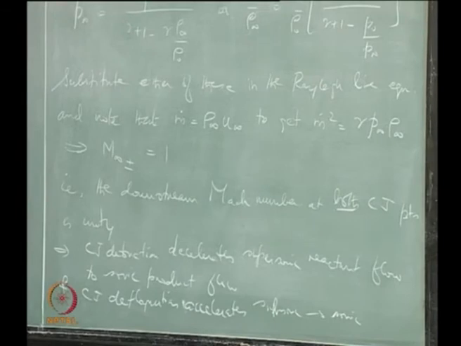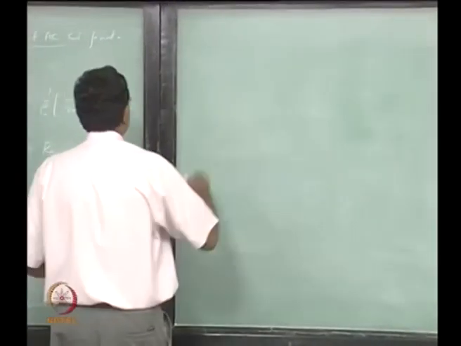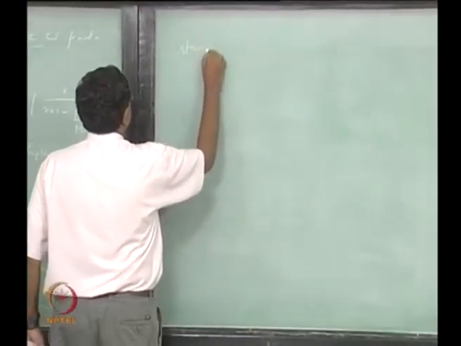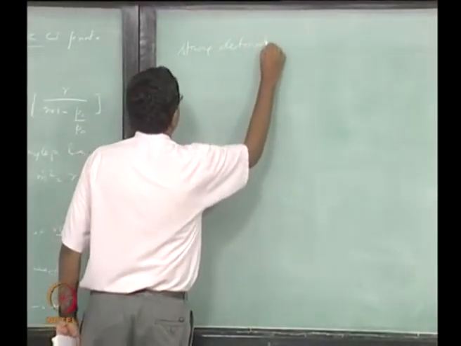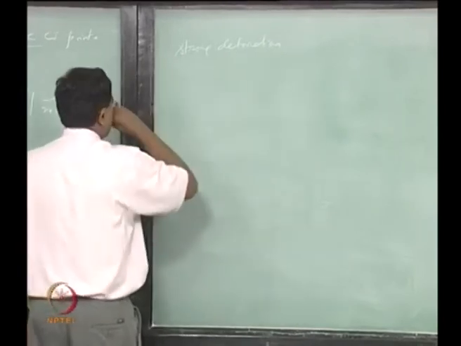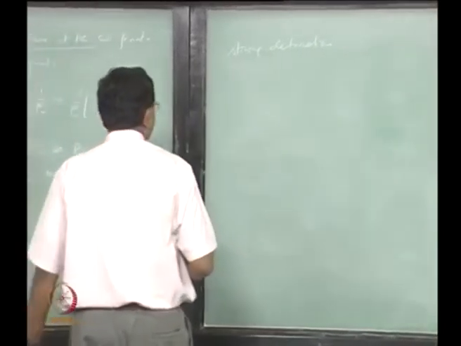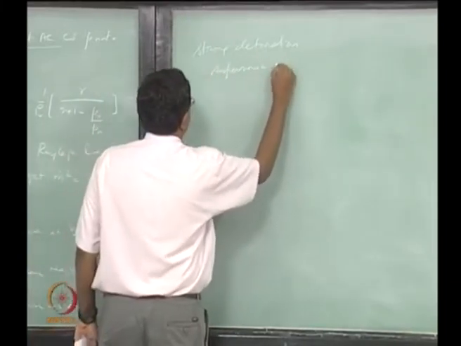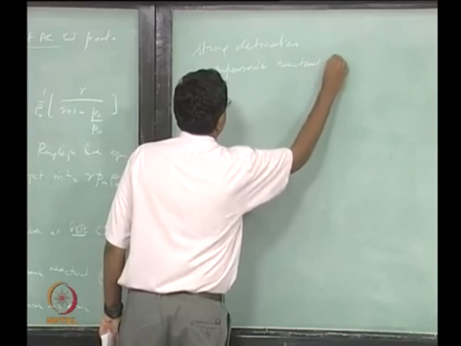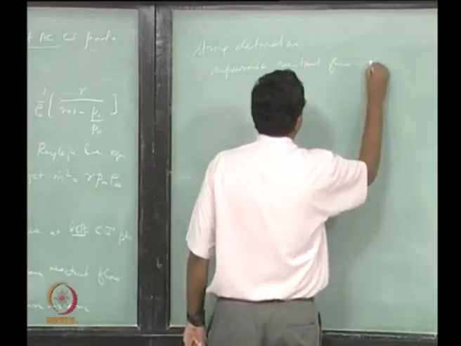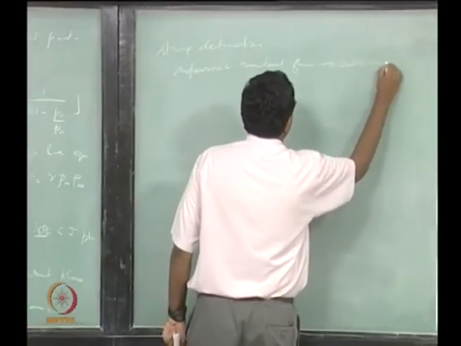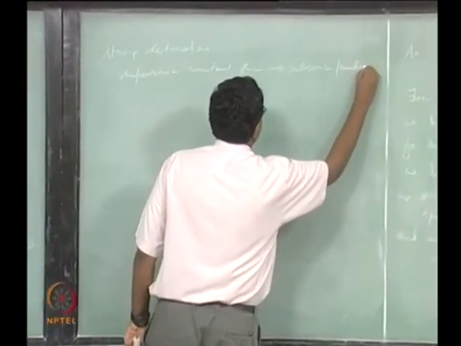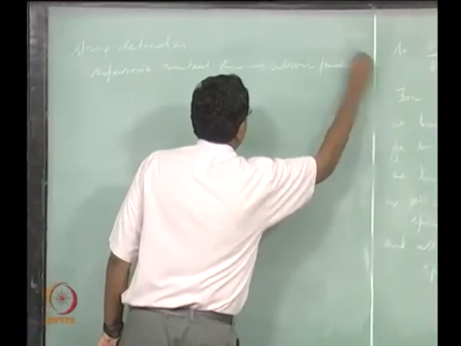If that is going to be the case, the next step that we do is to say that if you have a strong detonation, then strong detonation means supersonic reactant flow becomes subsonic product flow, right.